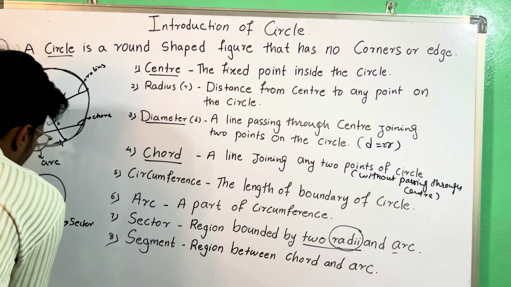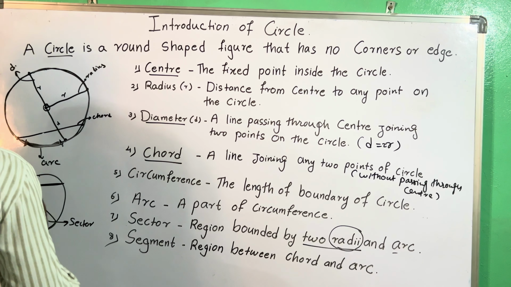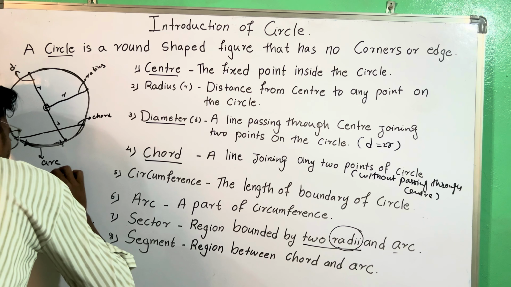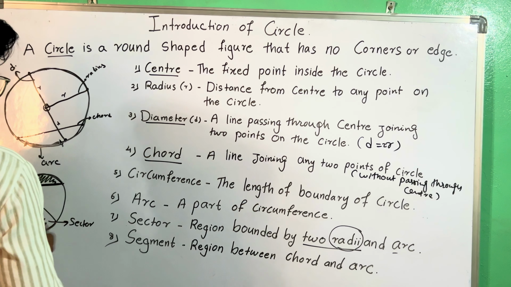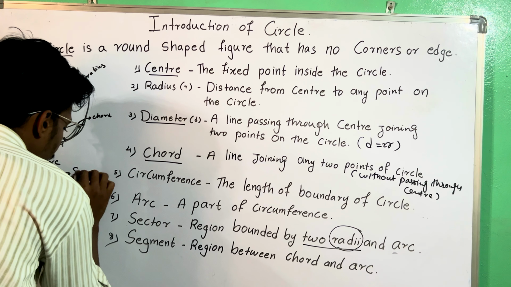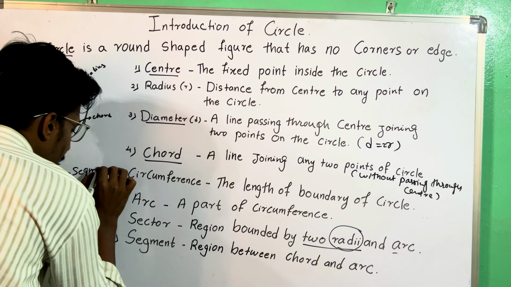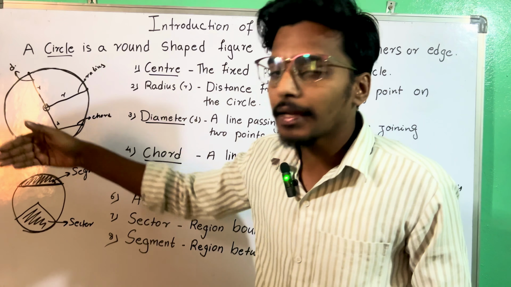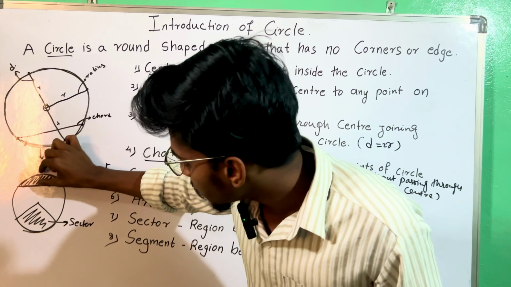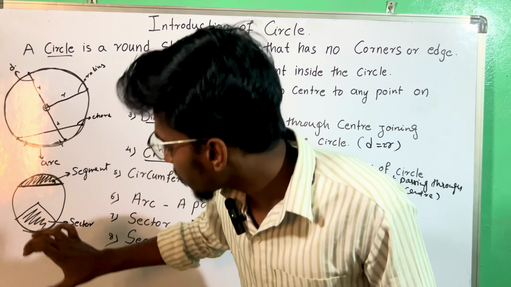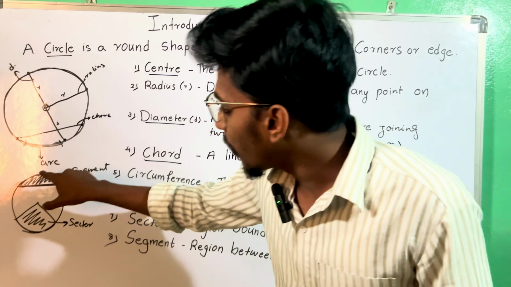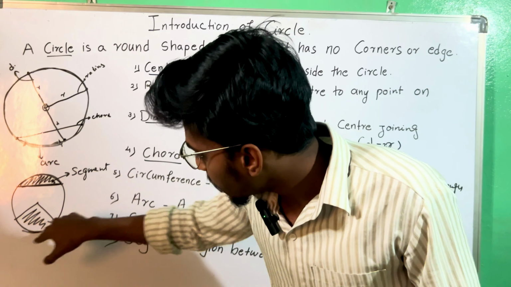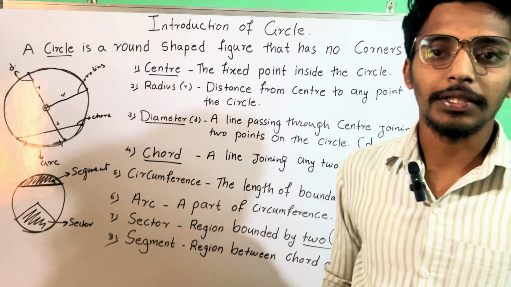If I draw a chord like this, and this will be my arc, the region between this arc and chord is called a segment. You can see this chord divides the circle into two parts. This one is a small portion and this one is a larger portion. The small portion is called our minor segment and the larger portion is called our major segment.